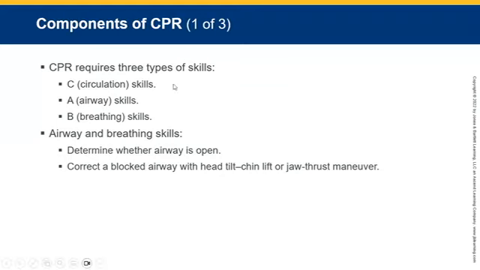Circulation provides the forward movement of blood. Airway, if it's open, will allow air to move through into the lungs quite freely. And breathing, we may have to do rescue breathing or ventilations to assist getting some fresh oxygen into those lungs. Airway and breathing skills: to determine we need to open an airway, the preferred way would always be the head tilt and chin lift maneuver.